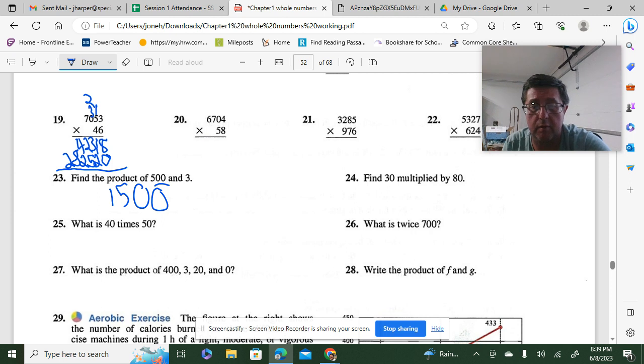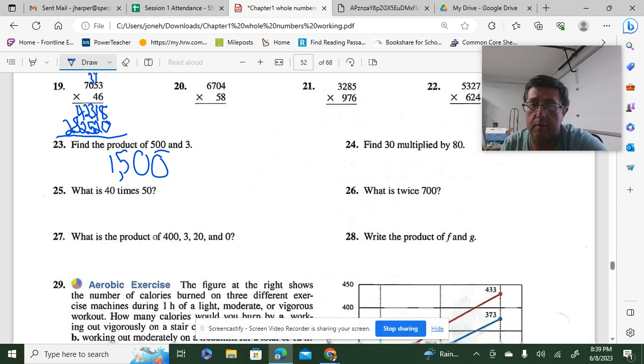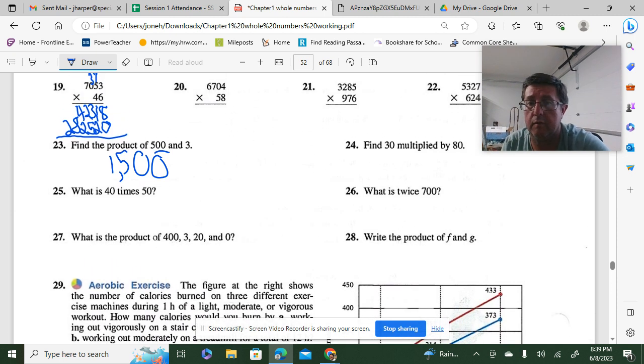So your answer is 1,500. And again, these are just different ways of remembering what to do, or knowing how to do what means what for multiplication problems.